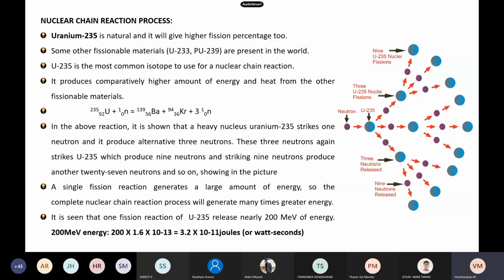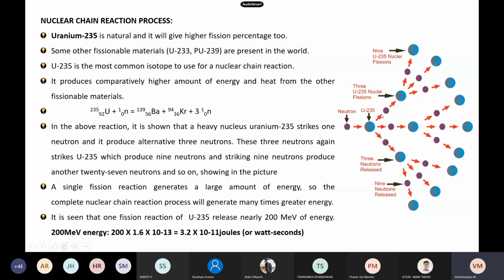One neutron bombards uranium 235, and it liberates barium 142 and krypton 91, along with three neutrons. These three neutrons again bombard uranium 235, and this chain reaction continues.